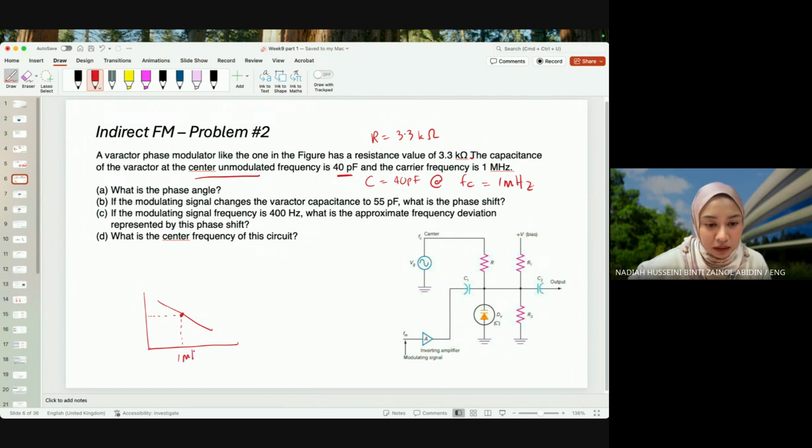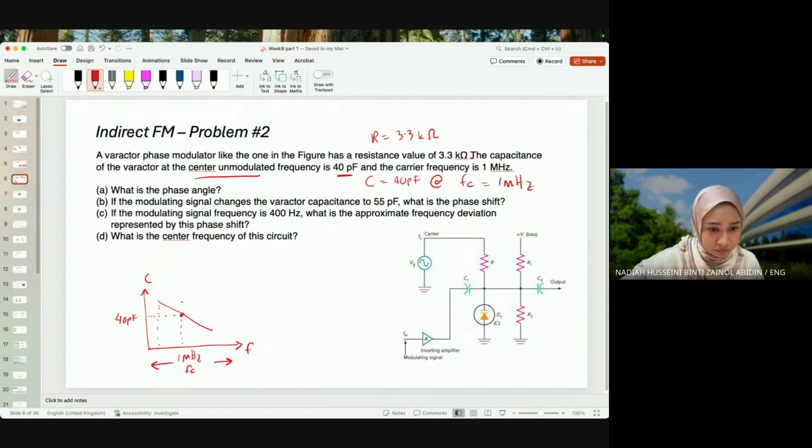FC is 1 megahertz. This is going to be capacitance, and this is going to be frequency. If we increase the frequency, the capacitance will decrease. If we decrease the frequency, the capacitance will increase.